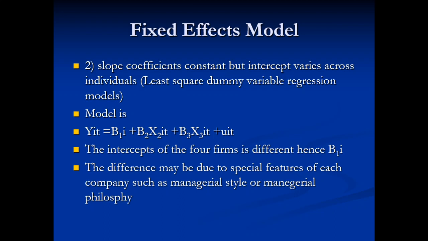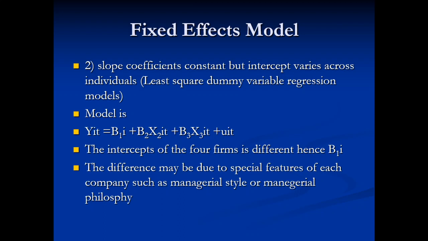That is, the intercept alpha for General Motors may be different from the intercept for Westinghouse, or from the intercept for US Steel. That's the argument. And hence the model is written as Y_it equals beta_1i plus beta_2 X2_it plus beta_3 X3_it plus u_it. So here, the intercept is beta_1i.